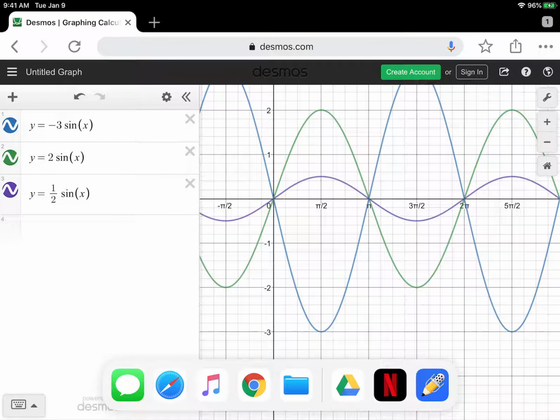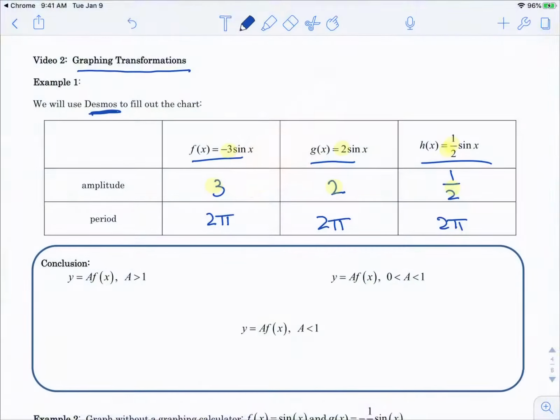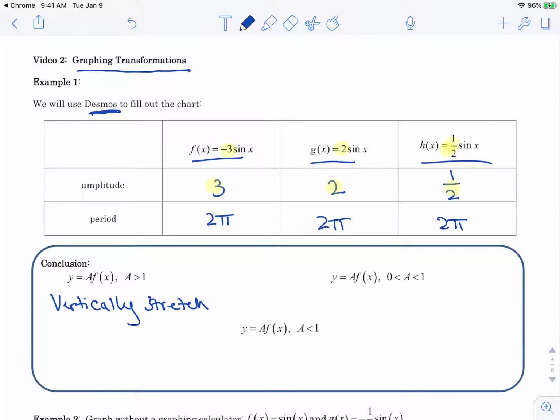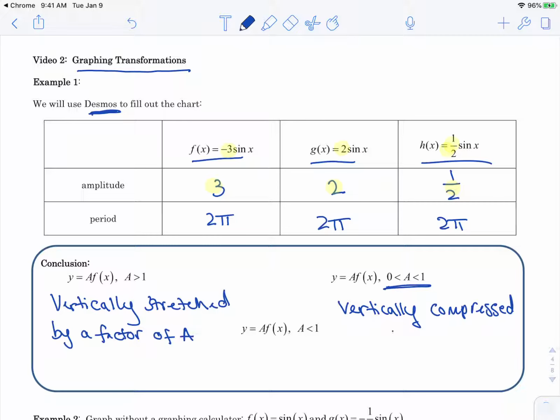So what we say there mathematically is it's vertically stretched by a factor of whatever A was. When we saw that it was 0.5 or 1/2, it got smaller or shorter, we could say, but mathematically we'll say it's vertically compressed by a factor of A.